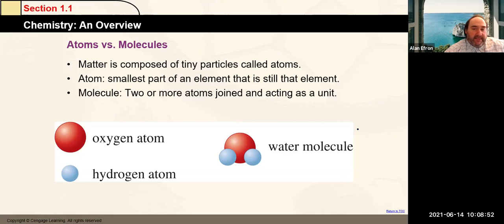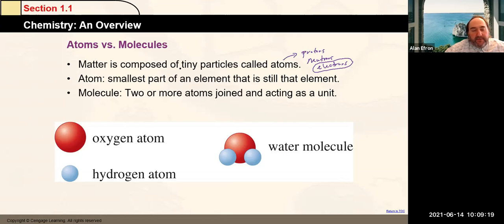Atoms contain subatomic particles: protons, neutrons, and electrons. And as we talked about, in a majority of chemical reactions, it's pretty much these particles that are really important.